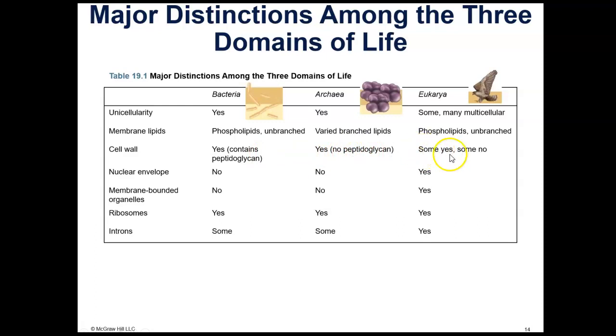Some eukarya have cell walls, some do not. Bacteria and archaea don't have a nuclear envelope because they don't have a nucleus. Eukarya do have a nucleus. All three of them have ribosomes.